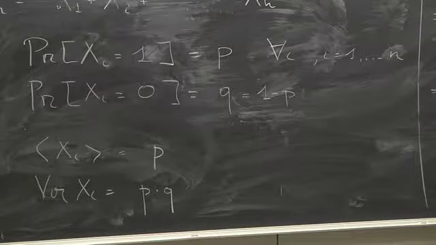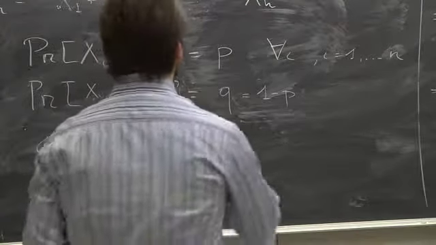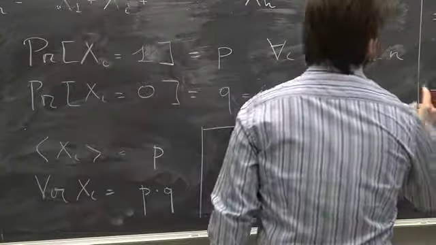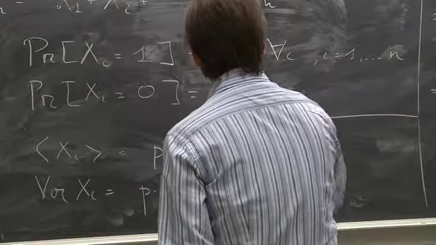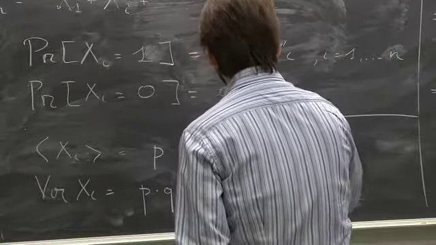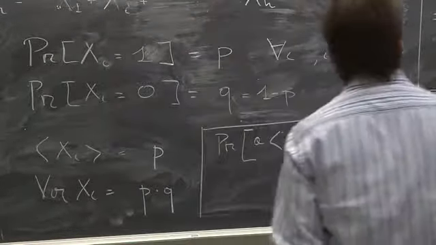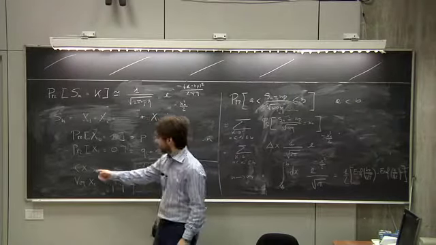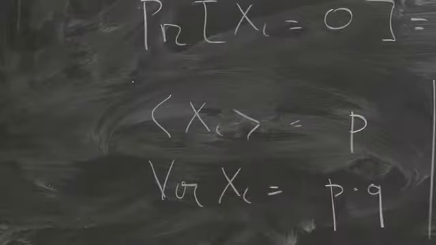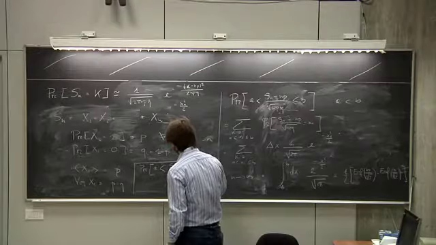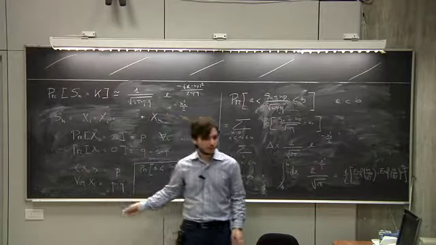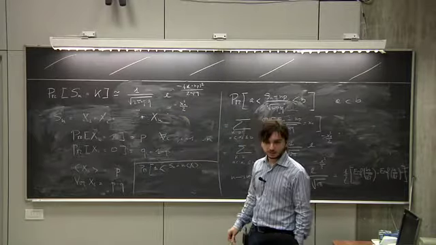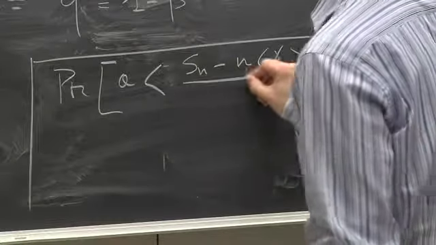So if we rewrite that expression, we get the probability that Sn minus n times p. I'm writing p as, I'm omitting the index because it's equal for all the indexes.